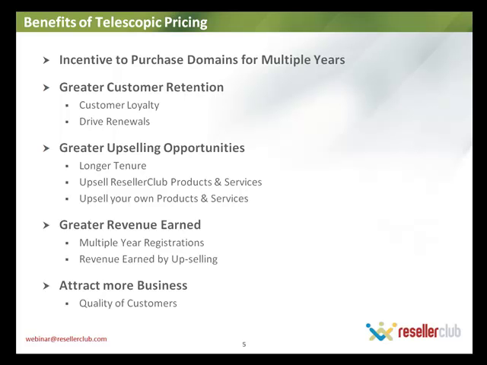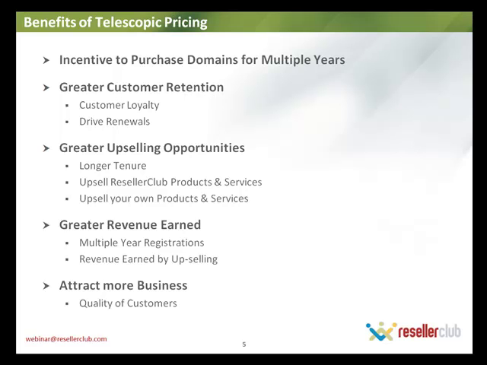Now, what I mean by greater upsell opportunities: since your customer would be with you for a longer period of time and have registered domains for a longer tenure, you have that much more time to upsell additional products and services, and hence earn a lot more from each customer. By upselling, I mean not only ResellerClub products and services, but also products and services that you sell, for example SEO services, web designing services, VoIP, etc. This in turn helps you generate greater revenue.